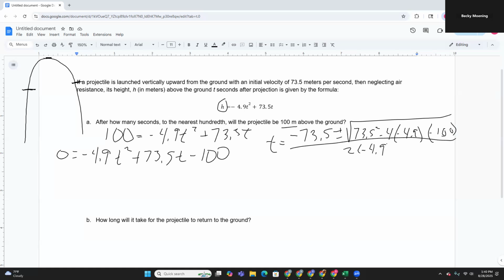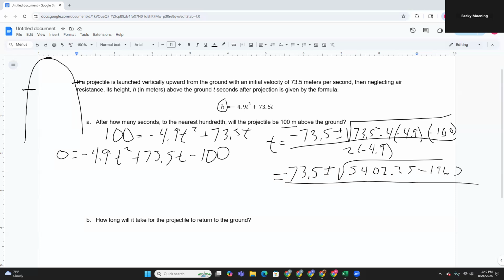Again, a is negative 4.9. When we simplify inside the radical, I did this in a couple of steps. I ended up with negative 73.5 plus or minus the square root of 5402.25, that's 73.5 squared, and then we subtract 1960, that's the 4 times 4.9 times 100, and all of that goes over negative 9.8.